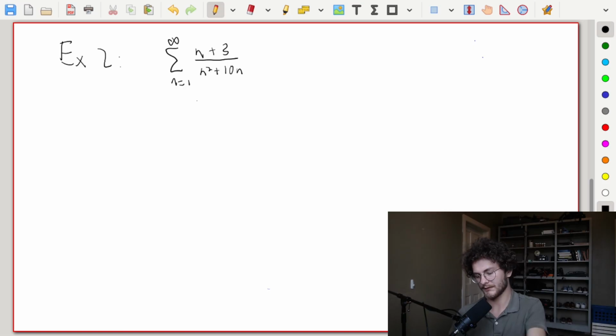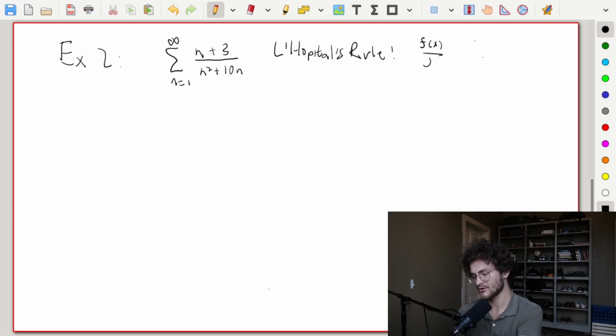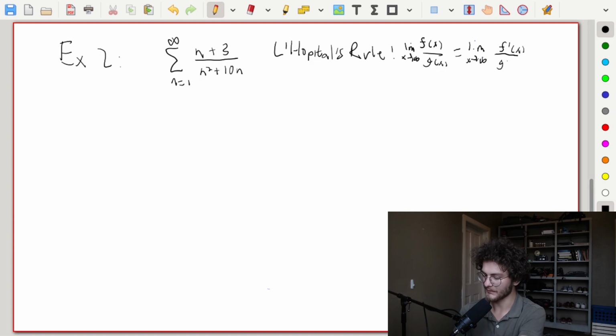So, what is L'Hopital's rule? L'Hopital's rule basically says, well, if you have an f of x over a g of x, and you want to know the limit as x approaches infinity, that's the same thing as the limit as x approaches infinity, or whatever your independent variable is, of f prime of x over g prime of x.